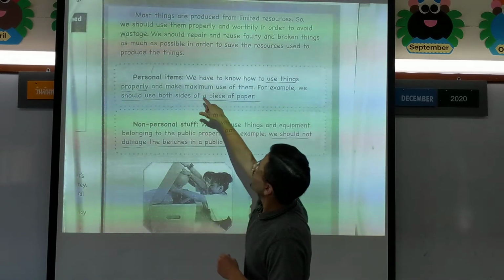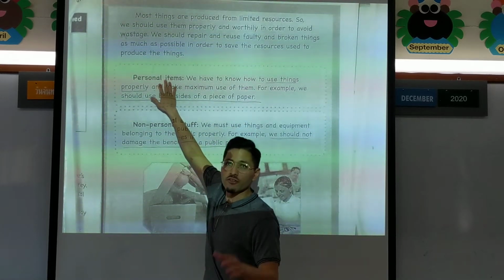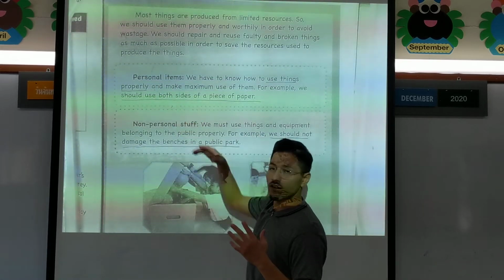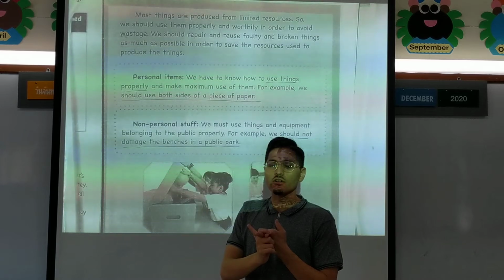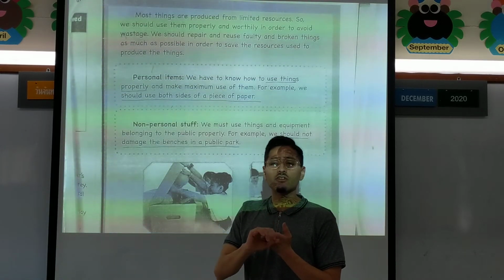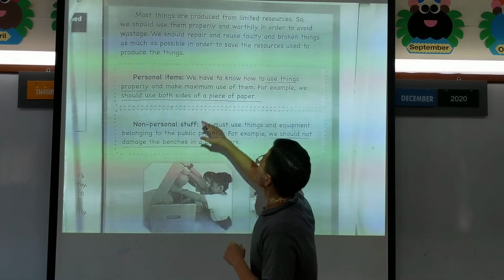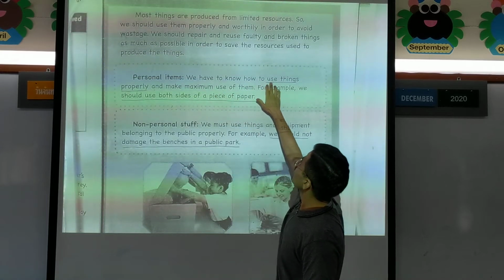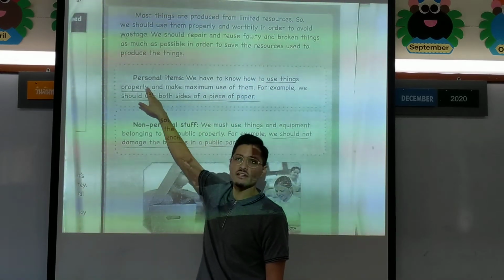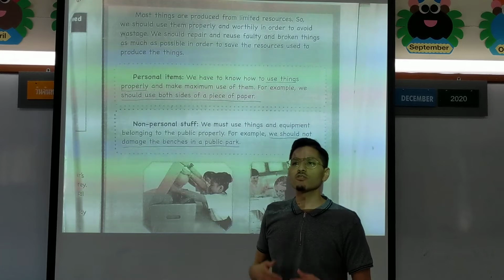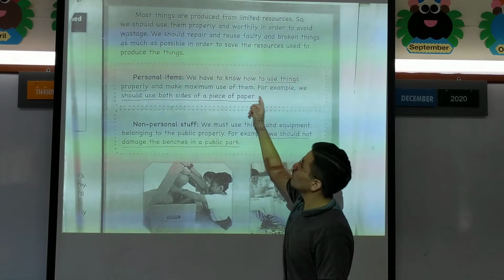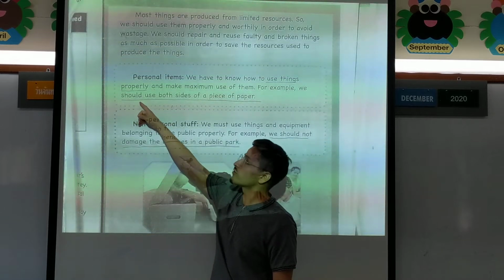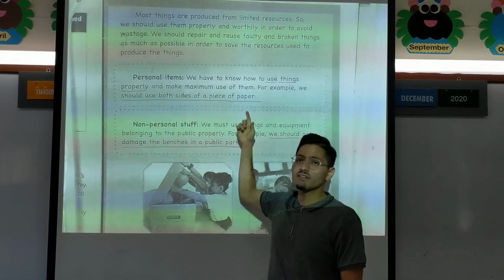So we go here, personal items. These are things that you have: your backpack, your pencils, your phone, these are all personal items. So we have to know how to use things properly. How do we use them so we can use them for a long time? Okay? So for example, we should use both sides of a piece of paper.